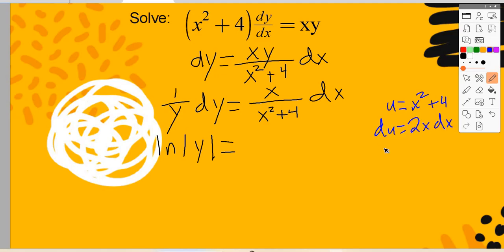And I have an x dx, I don't have a 2, but that's easy enough to move over. So again, I have a 1/2 times 1 over u du, so I end up with 1/2 times the natural log of the absolute value of u. And my u was x squared plus 4.